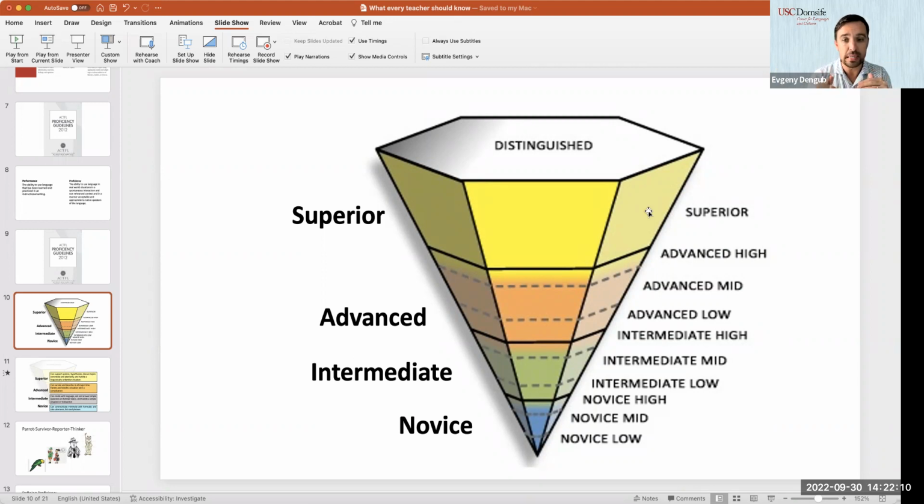It's really easy and relatively fast to go from novice low to novice mid, novice high, right? But as you enter intermediate and advanced levels of proficiency, the amount of things you need to master increases in geometrical progression.